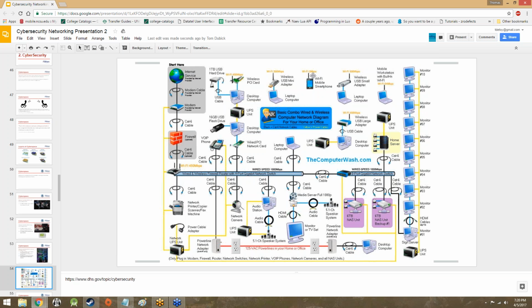Your smartphone is going to be connected by Wi-Fi to your router. Any laptops are connected to it. So this is also meant to emphasize that there is a lot of stuff that is exposed to the outside world in case things get compromised.